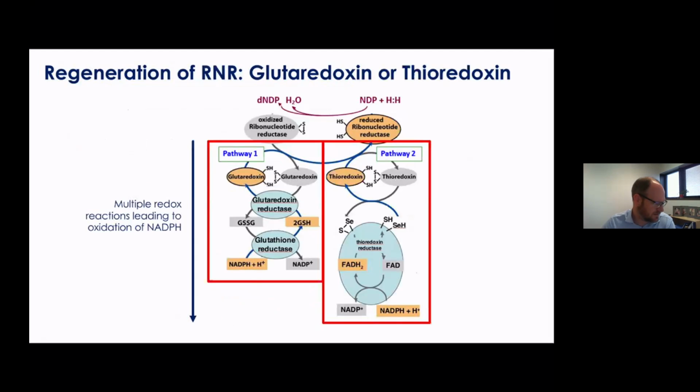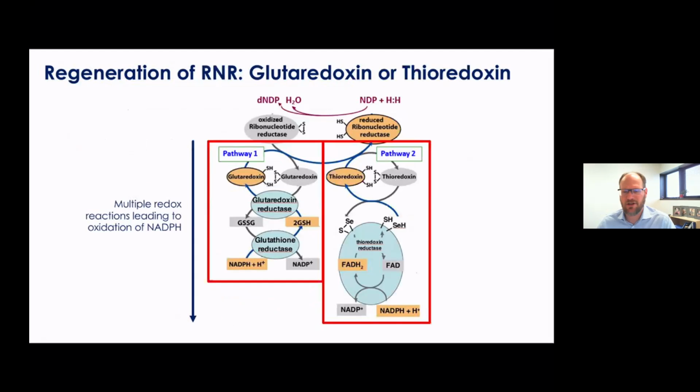Pathway 1 uses glutaredoxin, which has a disulfide on it that enables the chemistry. It takes the nucleoside diphosphate and a hydride from glutaredoxin, and that allows you to make water and a deoxyribonucleotide, the reduced nucleotide.